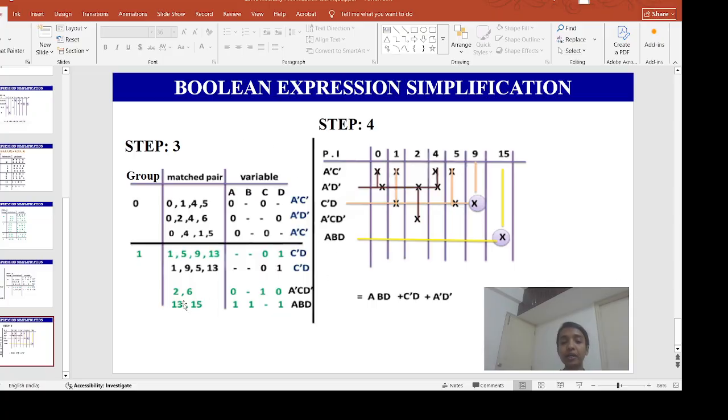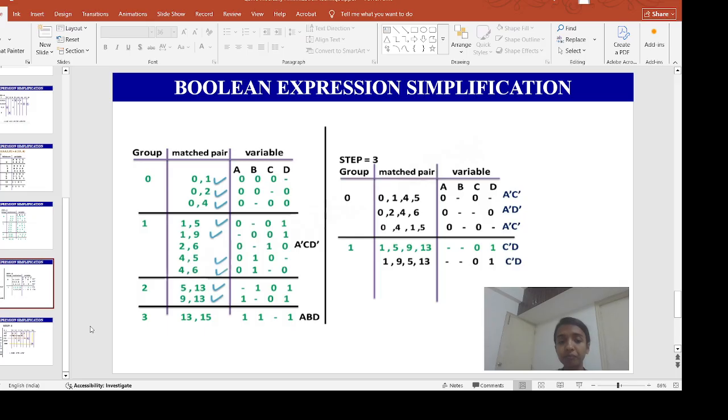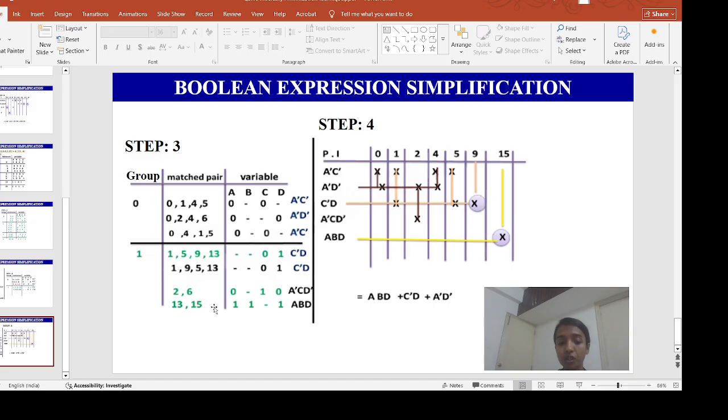This step 3 table I have written once again: A bar C bar, A bar D bar, A bar C bar, C bar D, C bar D bar. And see, in previous steps we had two unmatched pairs, 2, 6 and 13, 15. 2, 6 was unmatched and 13 and 15 was also unmatched. So in this step 3 we have to write them also.